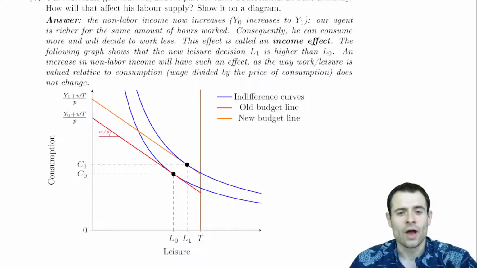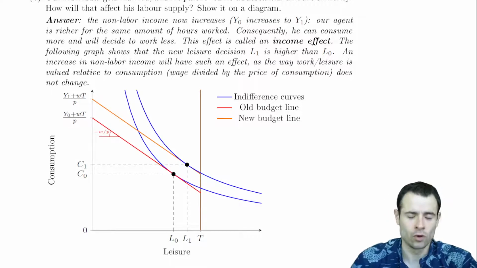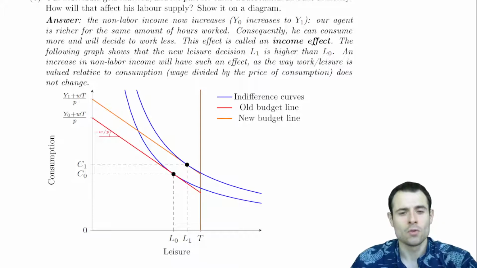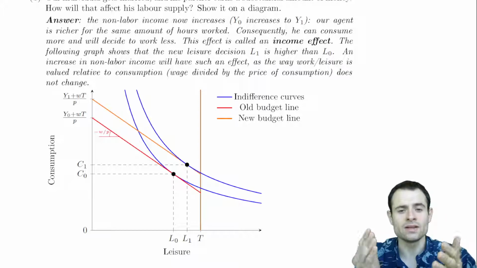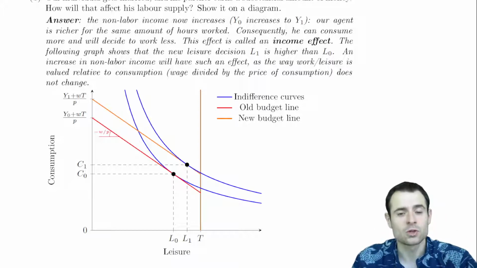And you have a trade-off here. On one hand, you get paid more per hour, so you're richer overall, and you might want to take some time off. On the other hand, the opportunity cost of leisure has increased. So taking an hour off means giving up a higher wage. So you might want to work more. Which effect is going to dominate depends on people's preferences.